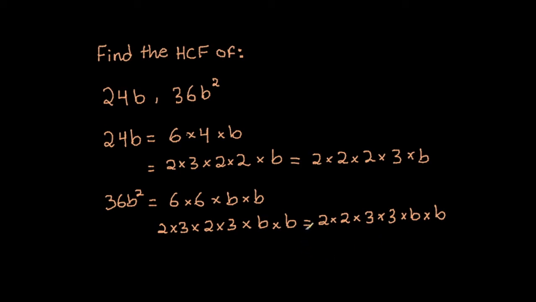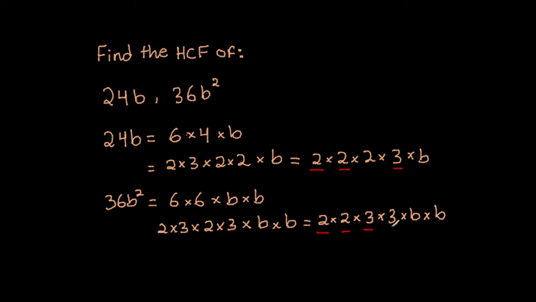Now let's switch colors to red and find the common factors between them. I see a 2 here and a 2 here, so that's 1, 2 in common between them. I'm going to highlight that in red. And again, I see another 2 in common between them, so I'm going to highlight it. And I see one 3 that is in common between them. I'm going to highlight them.